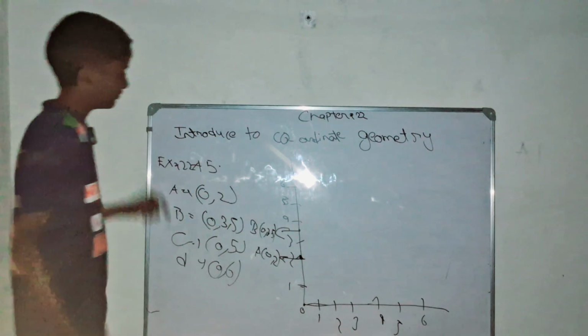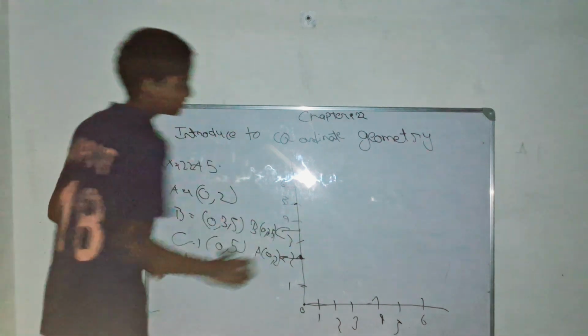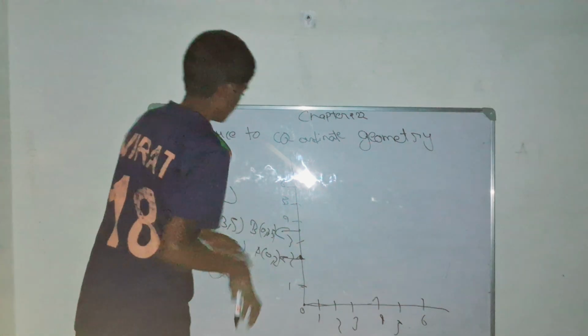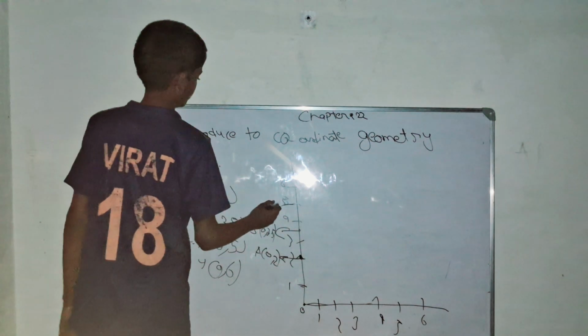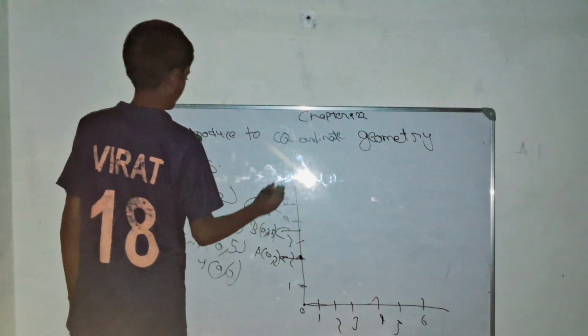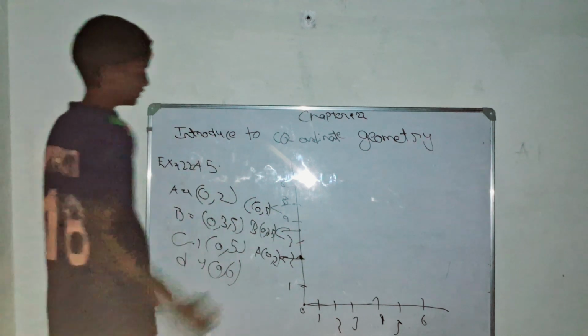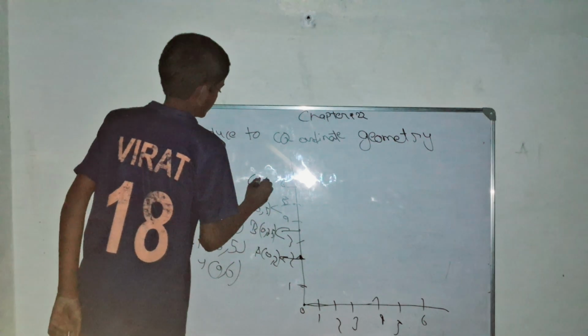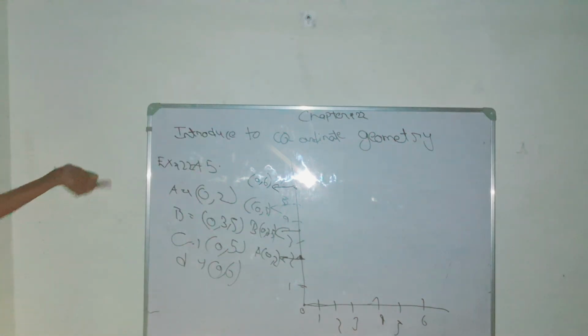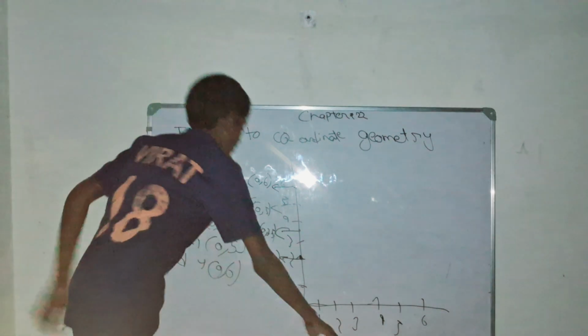C: 0 and 5, as the question gives. And D is 0 and 6, this point. So you can write here on the whiteboard.